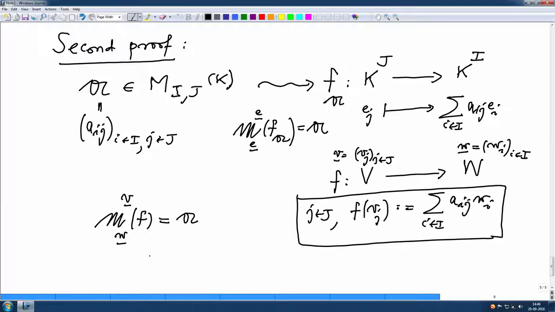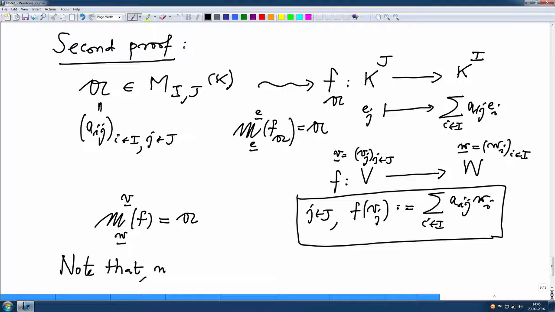Column rank is nothing but the dimension of the image space of F, that is rank of F, and row rank will be nothing but the dimension of the image of F star.